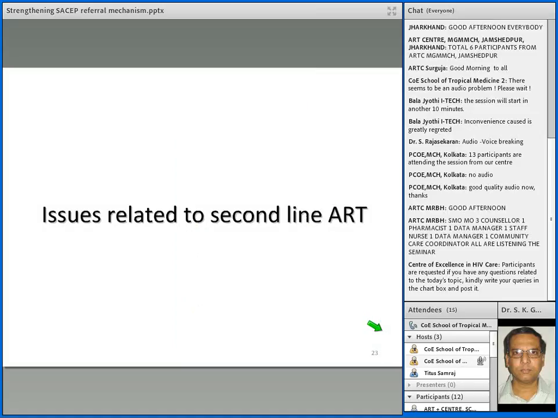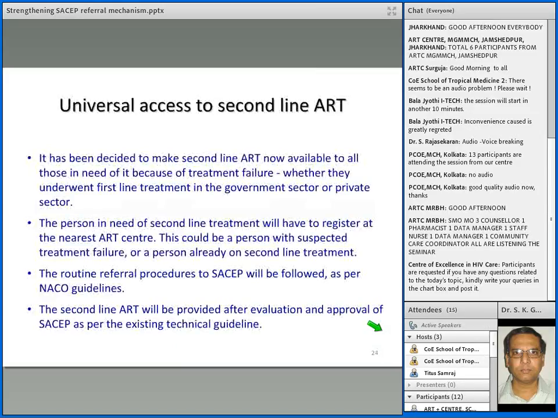Now coming to the issues related to second line ART. All of you are aware that universal access to second line ART has been decided by the Government of India, that second line ART is now available to all those in need of it because of treatment failure, whether they underwent first line treatment in the government sector or in the private sector.